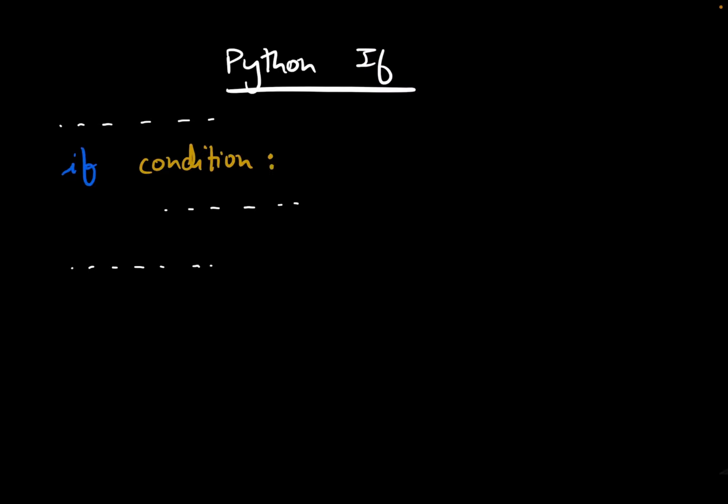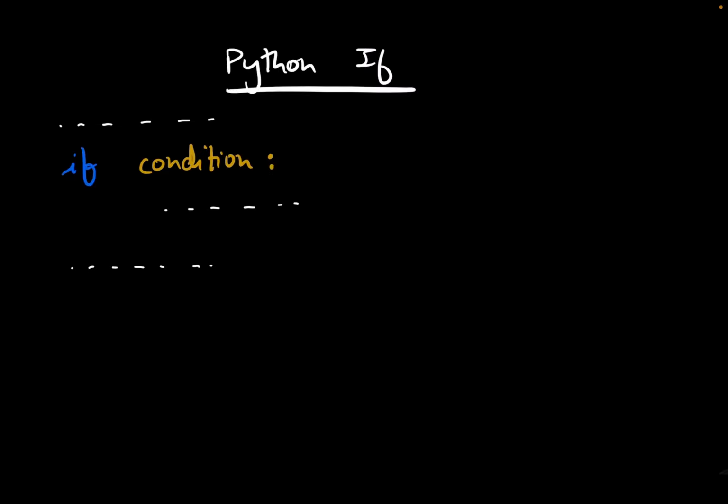So the way it works is that the computer will check whether this condition, this logical expression written in condition, evaluates to a true Boolean. If it does evaluate to a true Boolean, then this indented block of code will be executed.